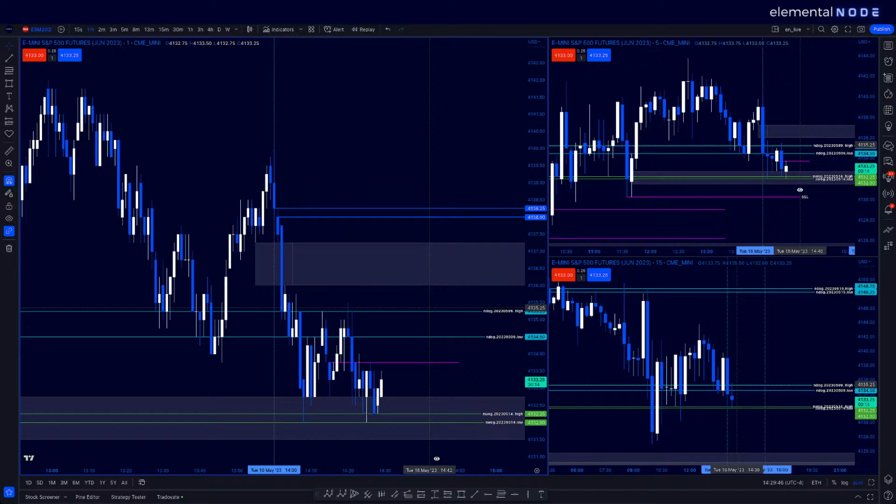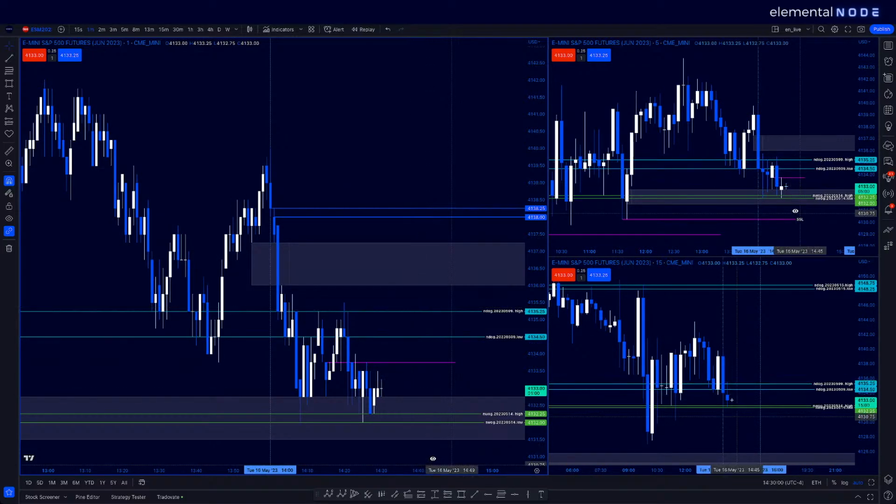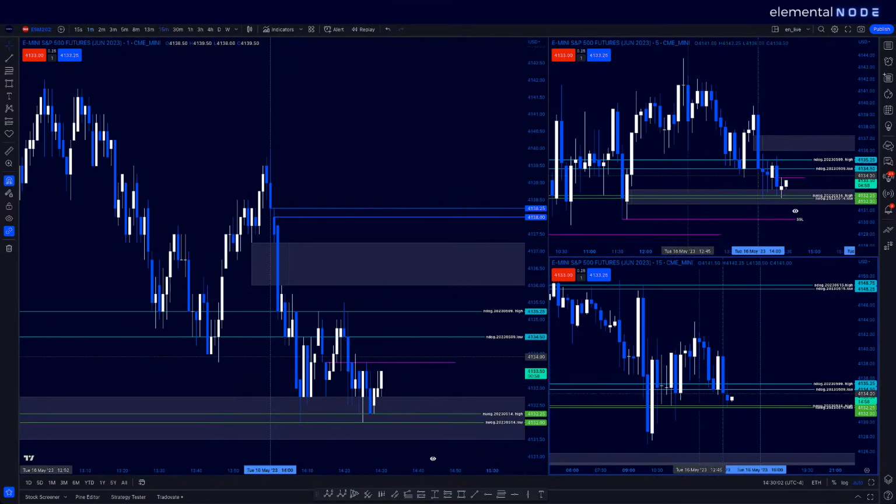Looks like we're forming a gap on the 15-minute. Volume imbalance. Go ahead and mark that up. We have a volume imbalance on the 15.